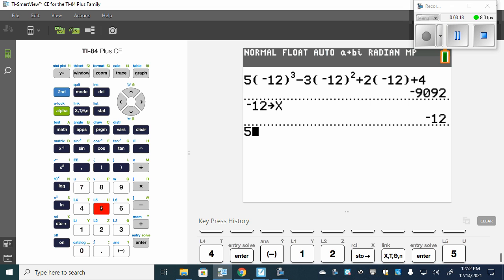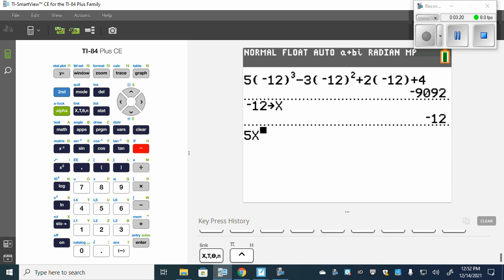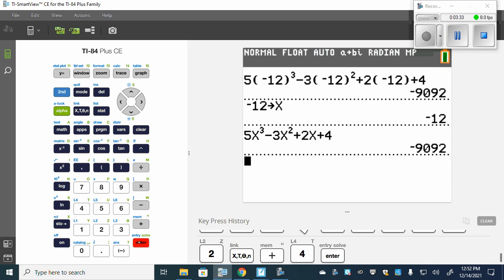At this point here, we can type the equation in, 5x to the third minus 3x squared plus 2x plus 4, and hit enter, and it'll give us the exact same number. So either way, we could either plug in the number inside parentheses into the calculator or input it in for x. Either way works. Any questions on number 7?